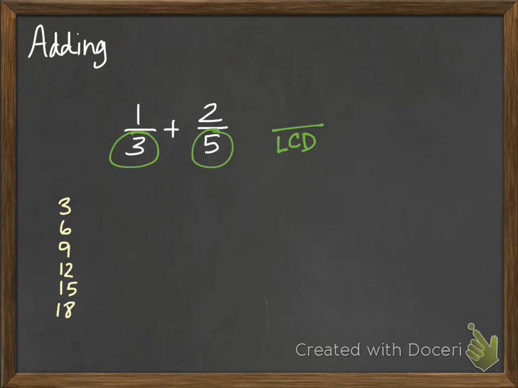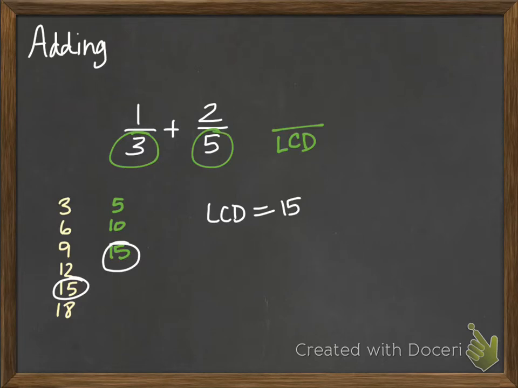Then do the same thing with 5: 5 times 1 is 5, times 2 is 10, times 3 is 15. We already see that they both have 15 in common. Also, you notice that 3 times 5 is 15, so you don't really have to list these out, but we'll go through that in a minute. So we're going to use 15. Our lowest common denominator is 15. That stands for lowest common denominator or least common denominator.